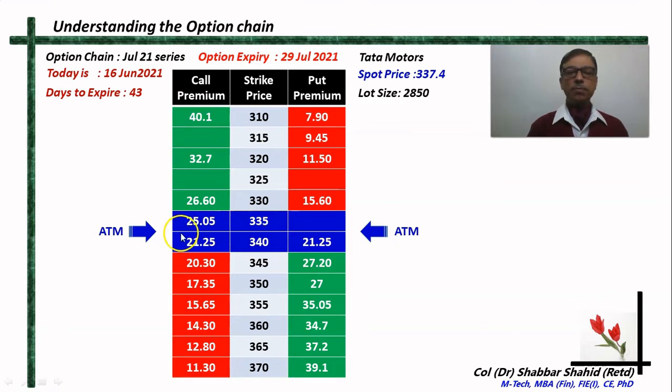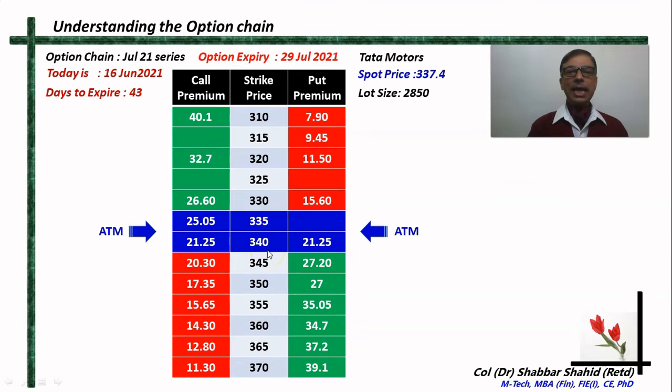Got the point? Ideally there should be one strike price which can be called at the money. But here the tick for the strike price is 5 rupees or dollars, whatever it is, like 10, 15, 20, 25. And the spot price happens to be exactly in the middle of 335 and 340. So therefore, I am considering both of these to be at the money.